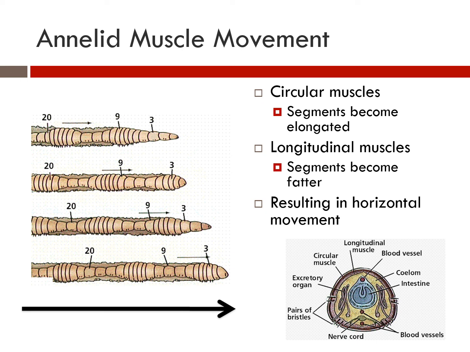Then as the circular muscles contract, the longitudinal muscles relax, and that squeezes it forward. Think of squeezing a water balloon, or if you've ever milked a cow, it's that peristaltic movement. It's also the same type of movement that pushes food through your digestive tract. And that's how they do horizontal movement.